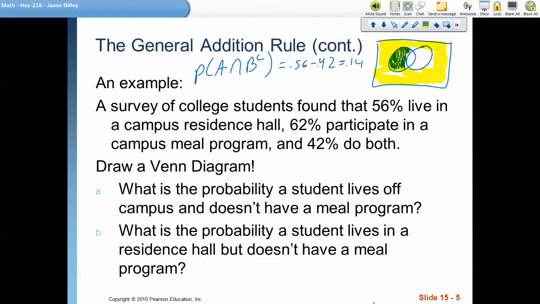It helps us to build that by knowing the notations and being able to provide the Venn diagram. 0.14 is the final answer on this one. And like I said, we didn't need the formula at all for that one. We just found out the area of the picture that we needed to find, and we just used the information we had to do that.